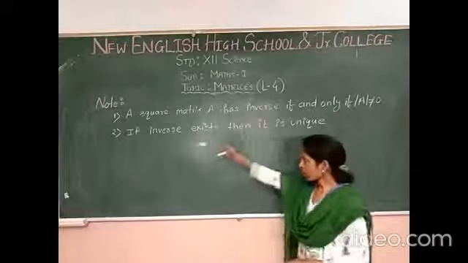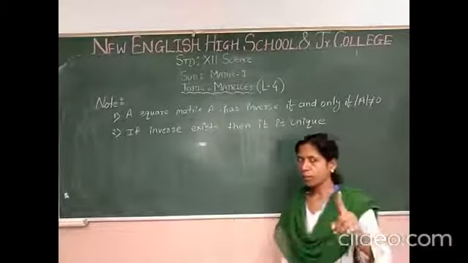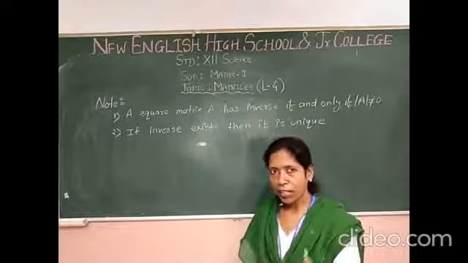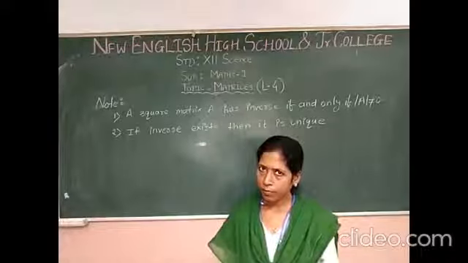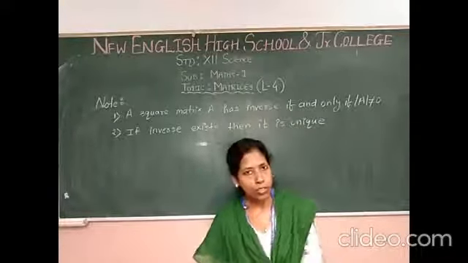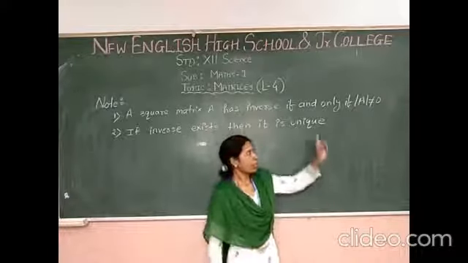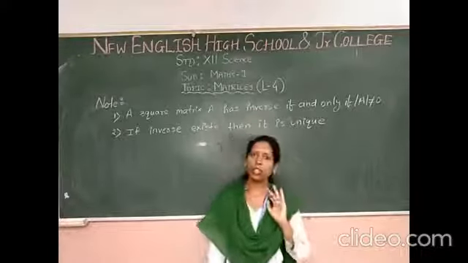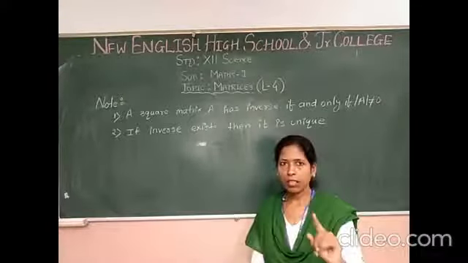Point number 1. Before finding inverse, you should always check for its determinant. If it is 0, no need to check. Directly you can declare inverse of matrix A does not exist. If determinant is not equal to 0, then go to find its inverse. Point number 2, if inverse exists, then it is unique.